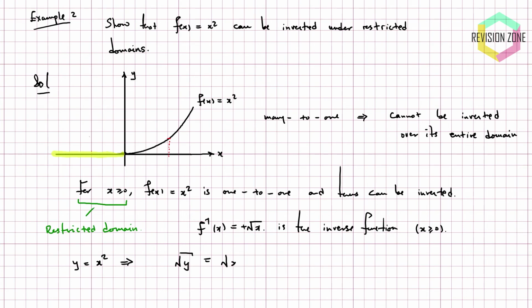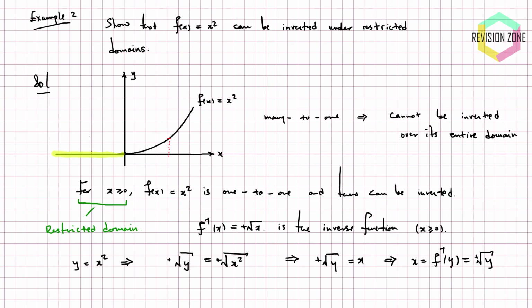I just want to emphasize I'm taking the positive square root. So when I take the positive square root of both sides, I end up with the positive square root of y equals x, and that tells me that x equals the inverse function, and obviously this is in terms of y so far.